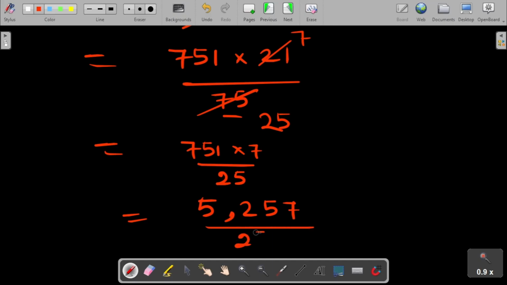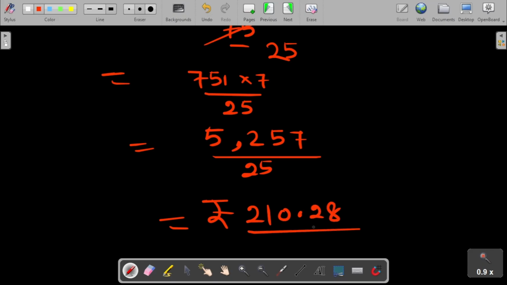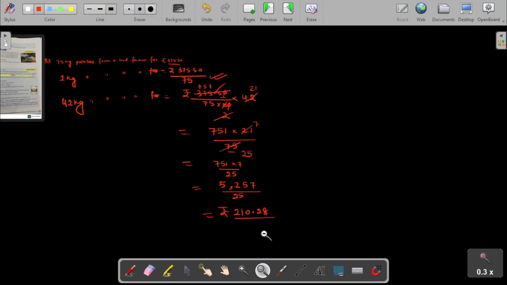And divide with 25. If I divide with 25, then it becomes rupees 210.28. So how much money did he spend next day? In next day he spent rupees 210.28.